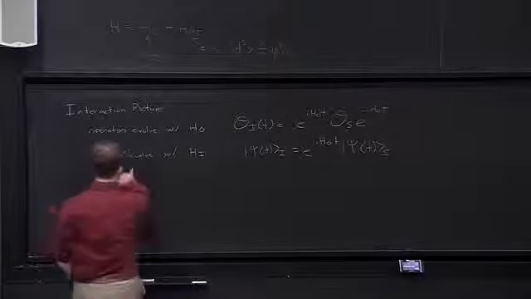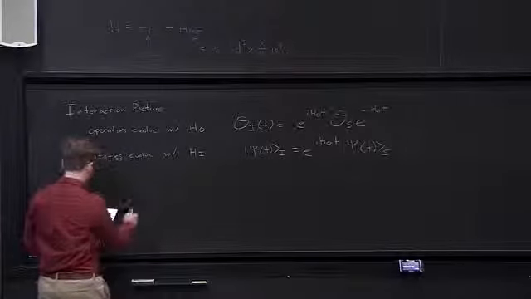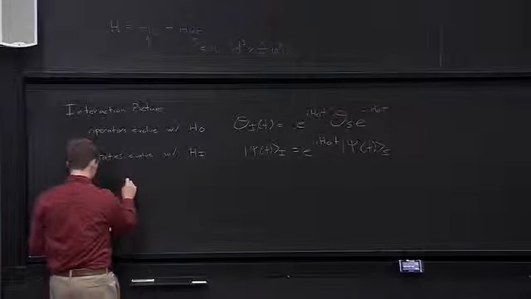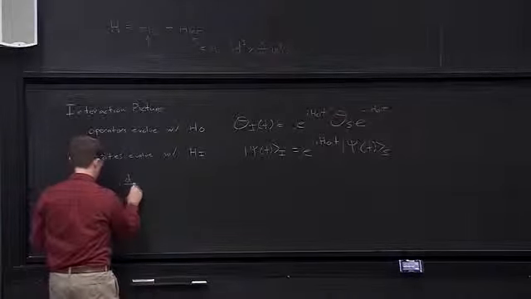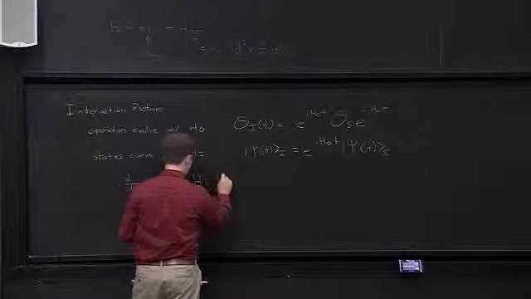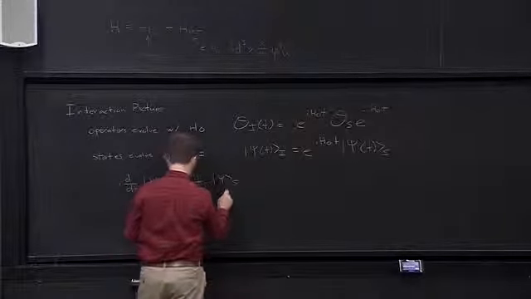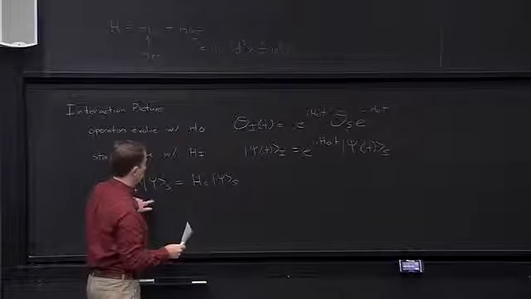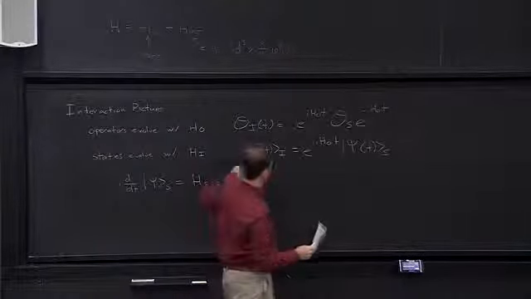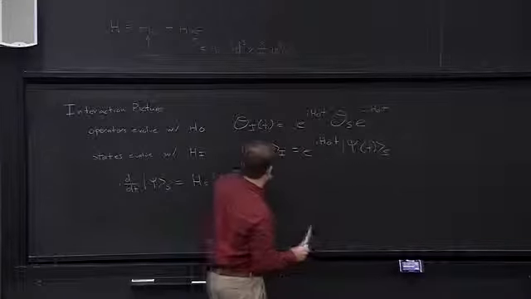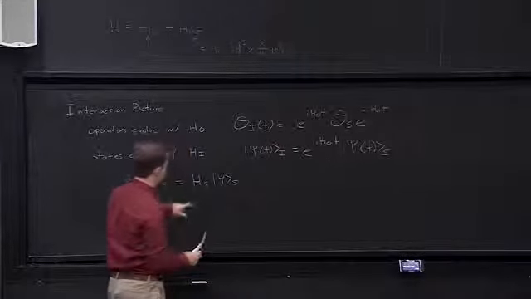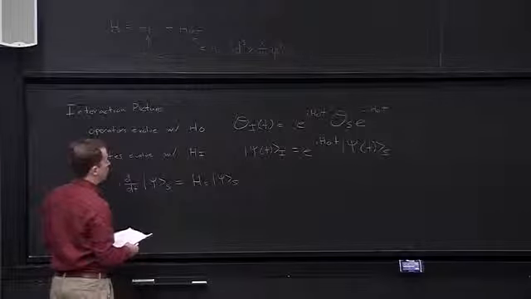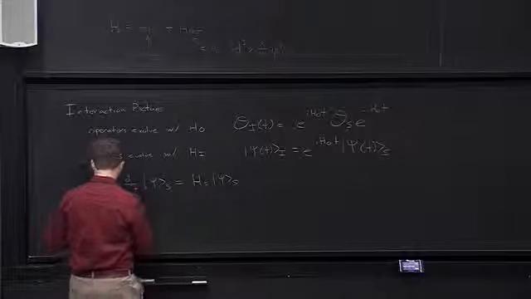So to see what this means, let's write down the Schrodinger equation. If we then multiply this equation by e to the minus iH naught t, we can write this in terms of the interaction picture states.